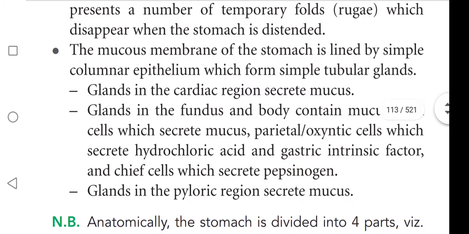Once again, the mucous membrane of the stomach is lined by simple columnar epithelium, which forms simple tubular glands. Glands in the cardiac region secrete mucus. Mucous neck cells secrete mucus. Parietal or oxyntic cells secrete hydrochloric acid and gastric intrinsic factor.